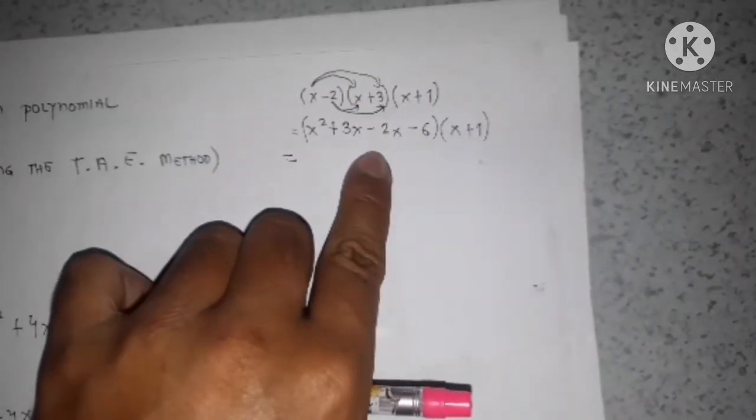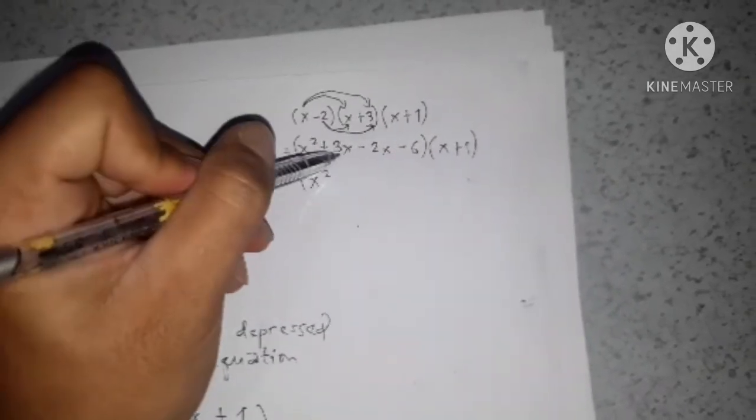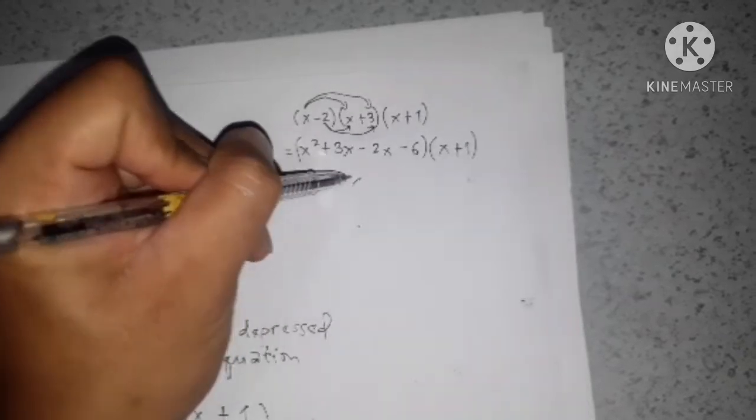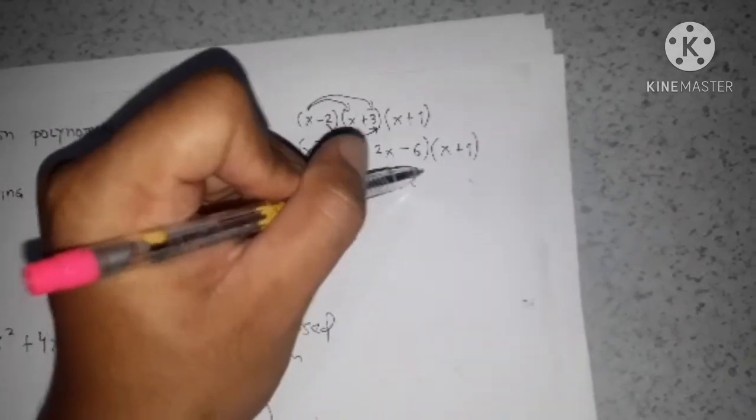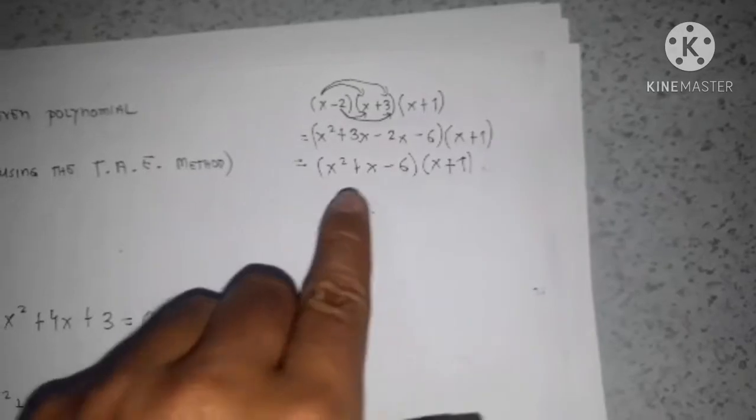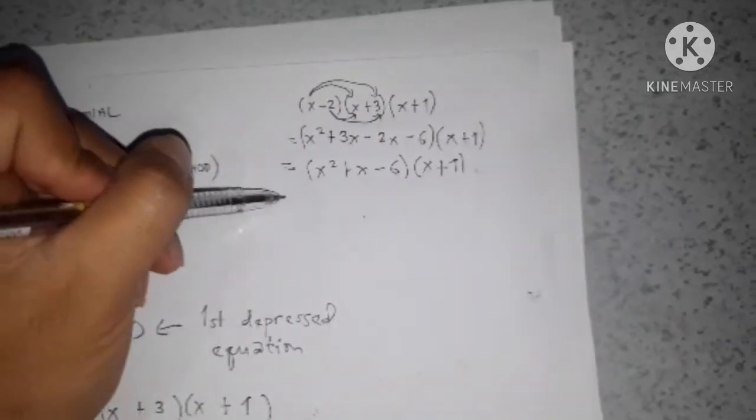So simplify, combine the like terms muna. You have x squared, 3x minus 2x, that is x, and then minus 6 times x plus 1. So ito naman, multiply natin.